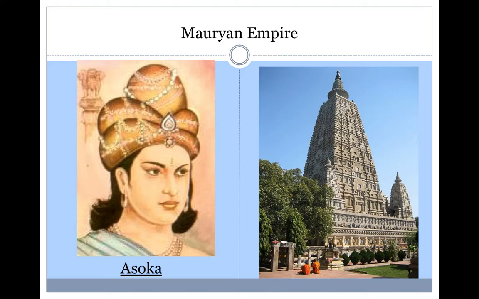So Asoka is considered a great ruler. He did many things during his time. He was very compassionate for others, very tolerant of other faiths. That's where we start to see more Buddhist temples popping up. If you look to the right, that picture there is of a Buddhist temple. And he was just a very kind, compassionate leader for his people.